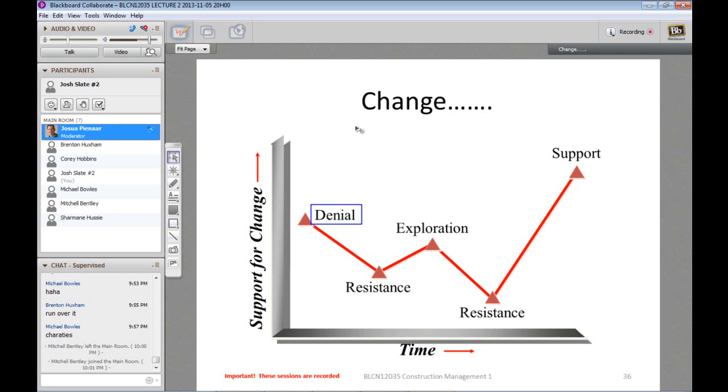But yes, denial is the first step, and this is typically where people say, no, we don't need to change. This new system that we're going to implement is not going to make things easier. And then it leads on to resistance, where it might be passive resistance. We force mistakes to go into the system, or we alternatively cause it to fall over.